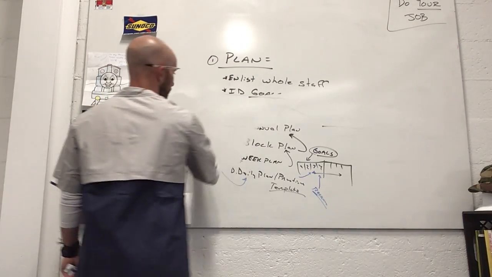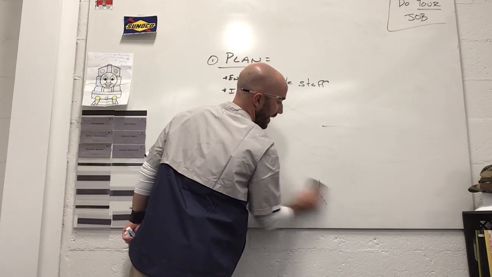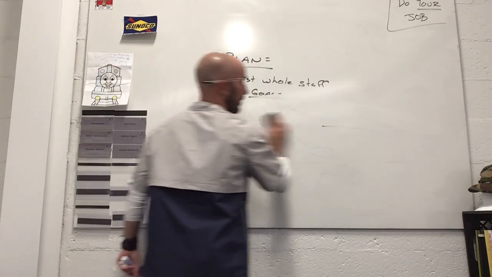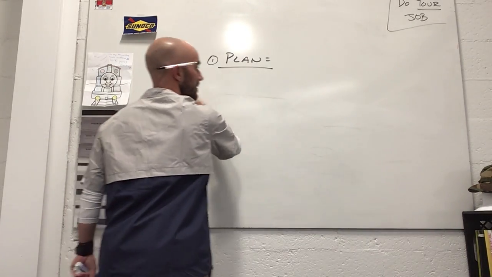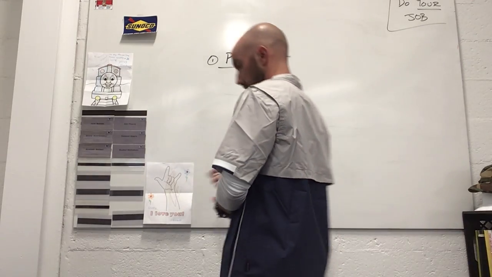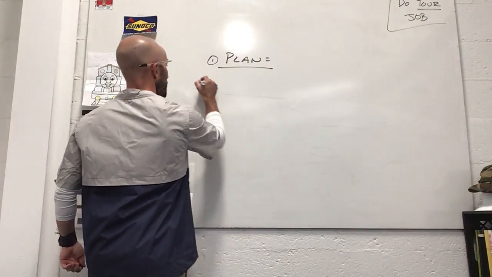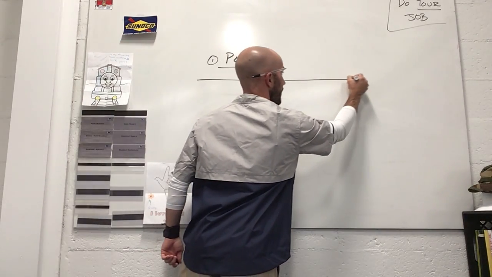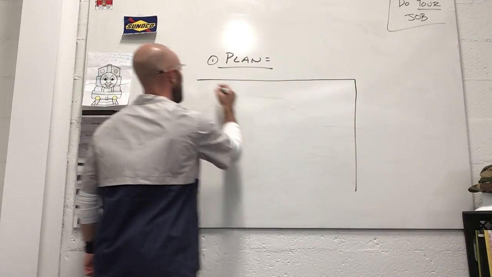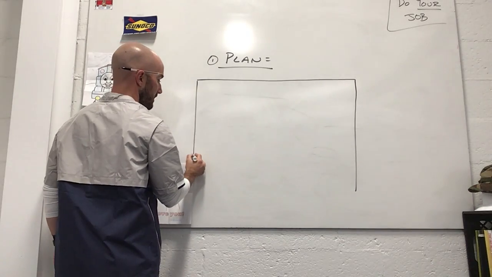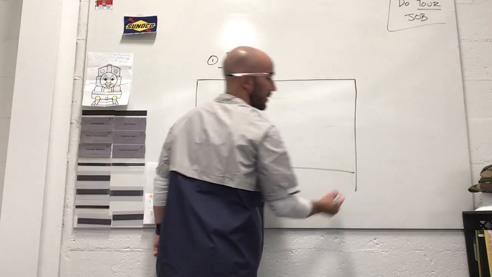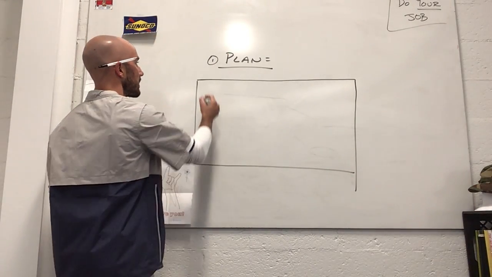Remember, this is all part of our plan, perform, and progress approach. So let's take an annual plan, and we're not going to draw up 52 weeks. We're just going to draw up sections, and we're going to talk about how this all works together.